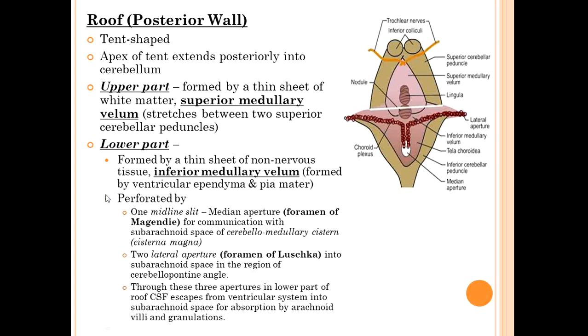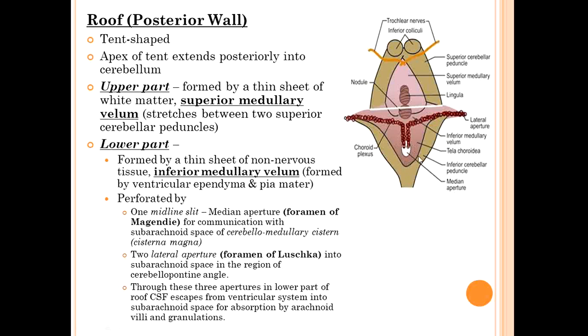Okay, in lower part it is formed by thin sheet of non-nervous tissue. So here will be something known as inferior medullary velum. Okay, so this inferior medullary velum is non-nervous tissue. It is formed by the ventricular ependyma and pia mater. Now this is perforated by three openings, one midline slit here.